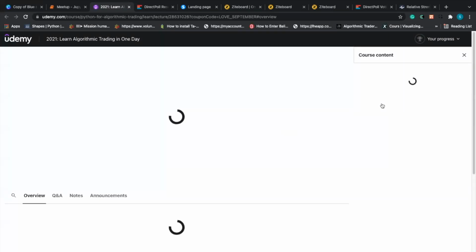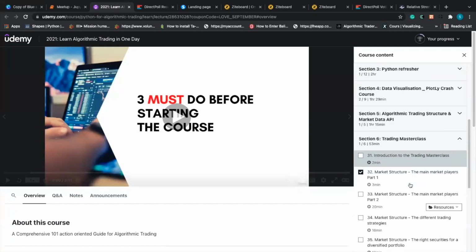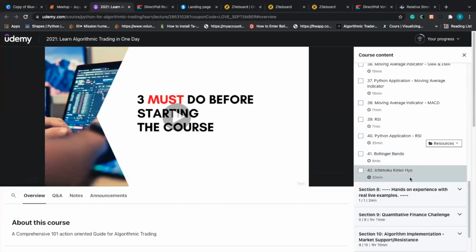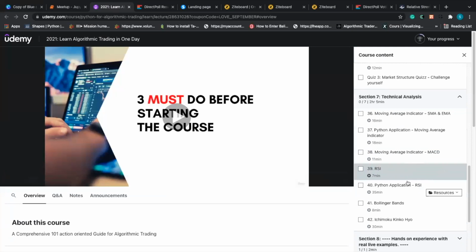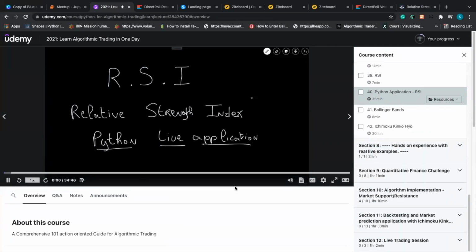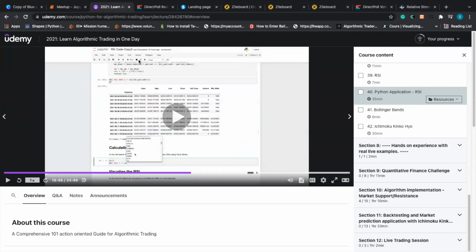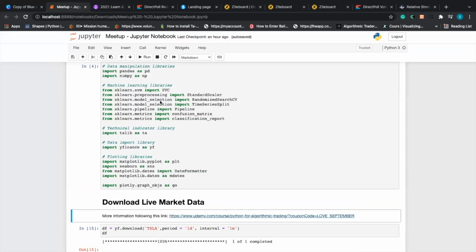I'm showing you how to do it manually, and how to do it with the Talib library. But in this example, we are going to use the Talib library in order to gain a little bit of time. Okay, let's go on the RSI.